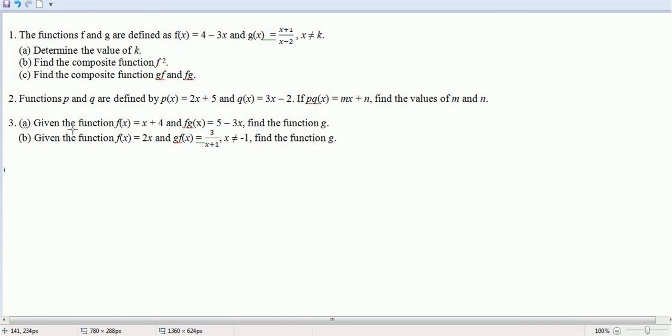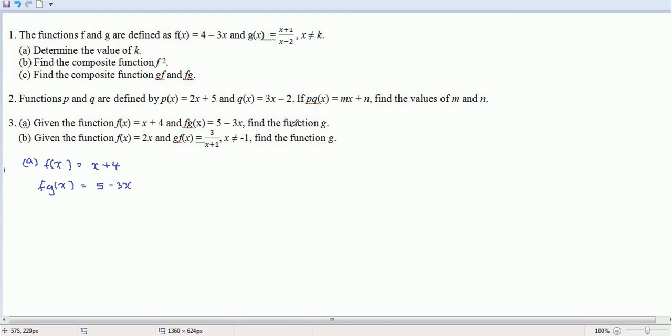Okay, question number 3, a composite function is given to us and another function is given to us. We need to find the other function. So I copy down the question first. He gives us fg x equals 5 minus 3x.